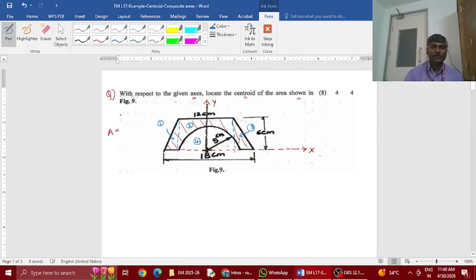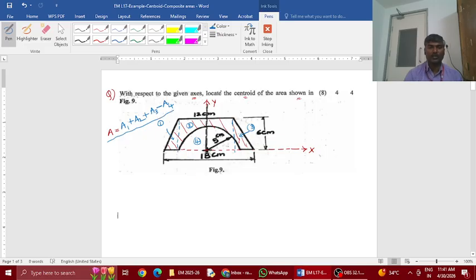Now to get this hatched area, I need to add the triangle plus the full rectangle, and the other triangle here, and then I shall deduct this semicircle. So this is how I get this hatched area.